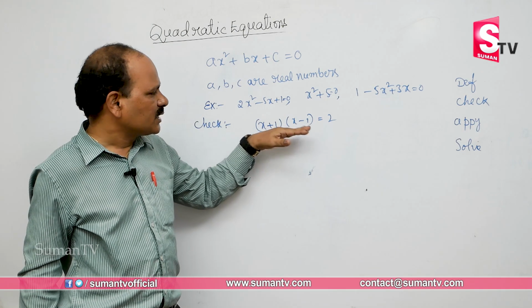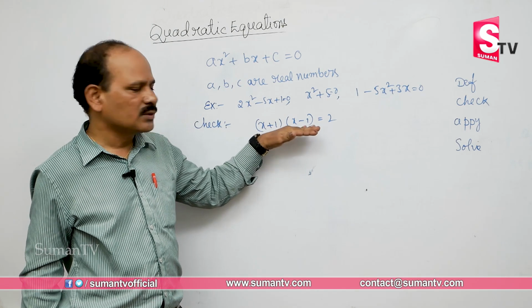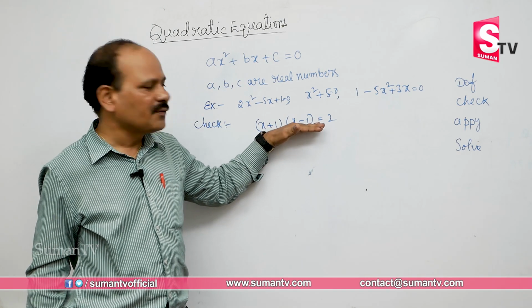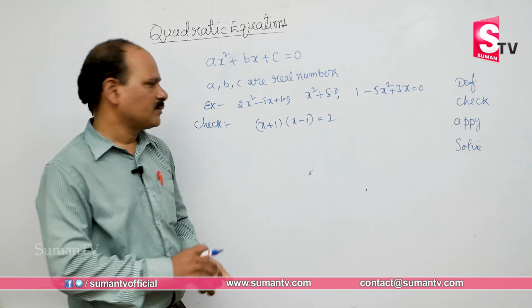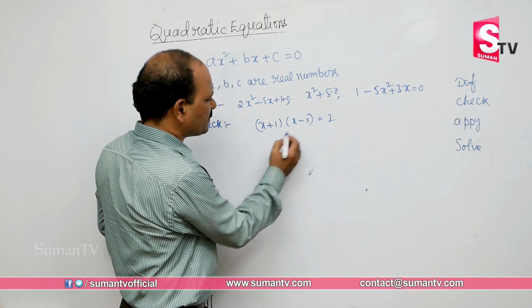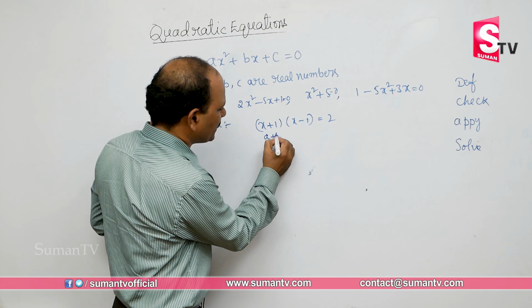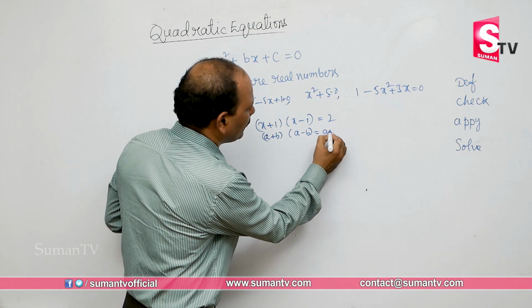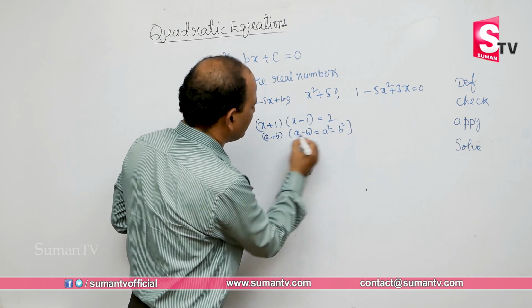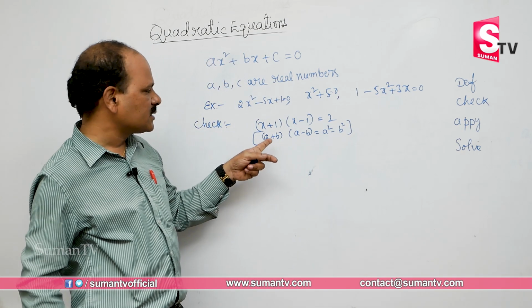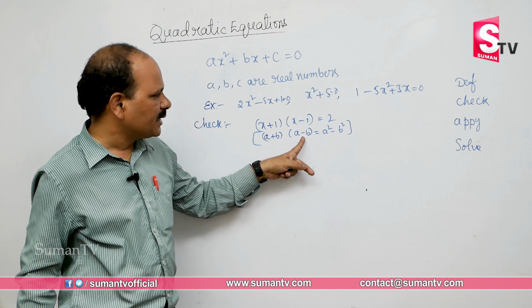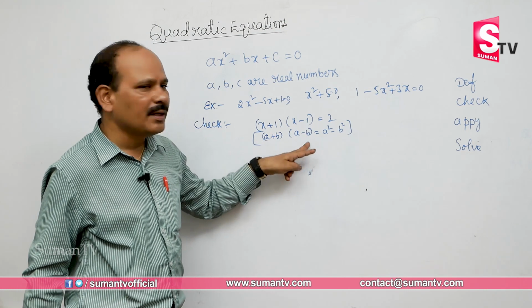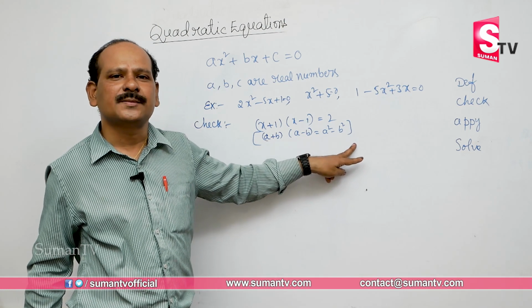So I have to simplify the left side terms. x plus 1 into x minus 1 is in the form of a plus b into a minus b, which is equal to a square minus b square.